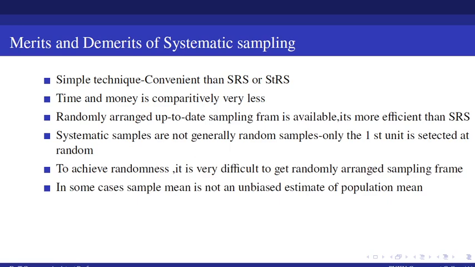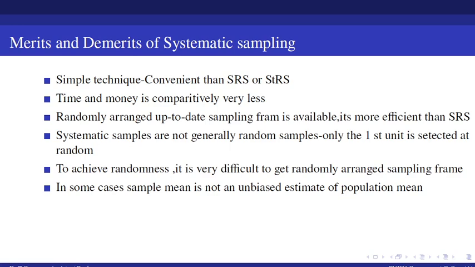If the population size capital N is not a multiple of the sample size small n, then the actual sample size is different from the required sample size. In that case, the sample mean will not be an unbiased estimate of the population mean.